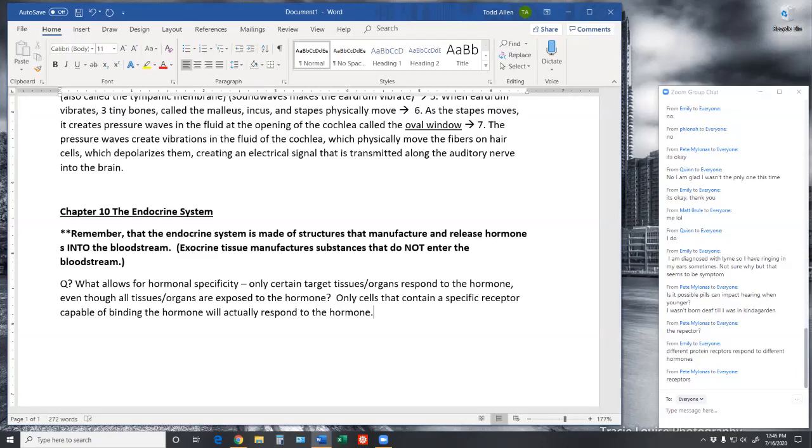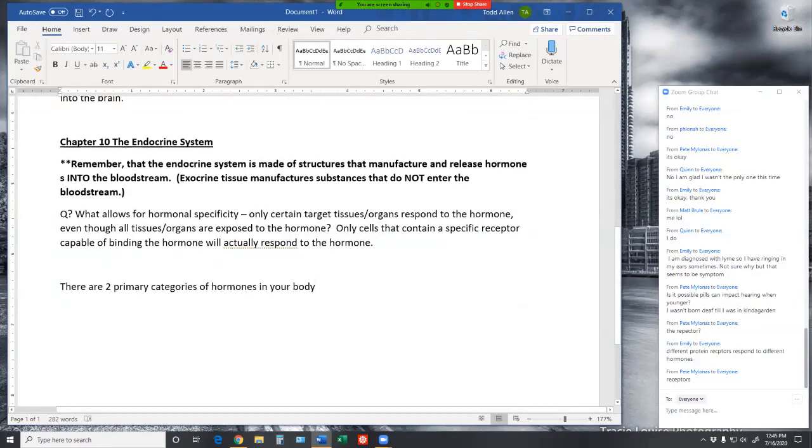To do that, I need to introduce you to two major classes of hormones, which your book does on page 172, and then also on page 174. In your notes, there are two primary categories of hormones in your body. They are the lipid-soluble hormones and the water-soluble hormones.